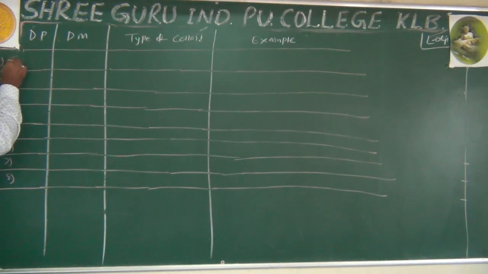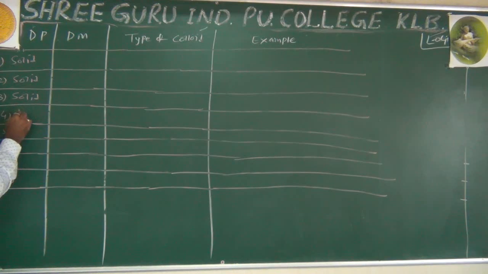So dispersed phase is solid, solid, solid, liquid, liquid, liquid, gas, gas.